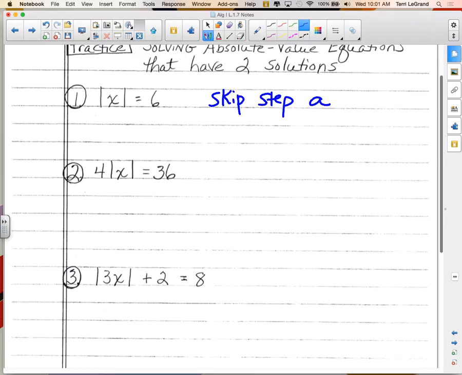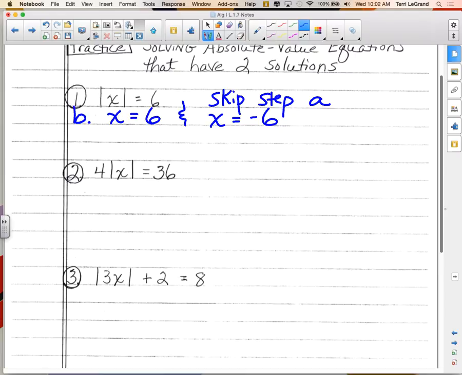We always have to do step B. Step B says, get rid of those absolute value bars. Set up your two cases. So what would be one of our cases? X equals 6. And what would be our other case? X equals negative 6. The two numbers that have a distance of 6 from 0. 6 and negative 6.